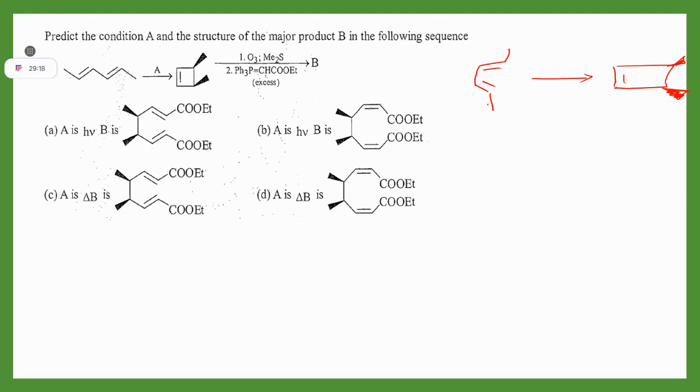Yes or no? Now these substituents are opposite, right? In the starting material, these are oppositely facing. Yes or no? But in the product they are cis. This means that rotation has taken place, right?